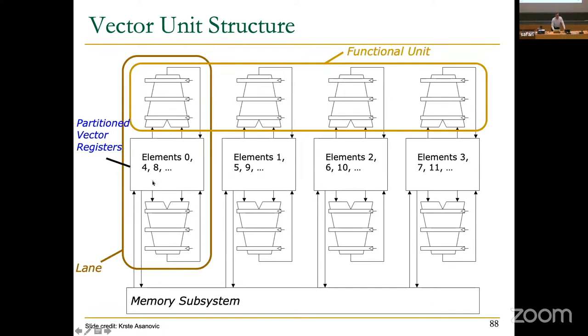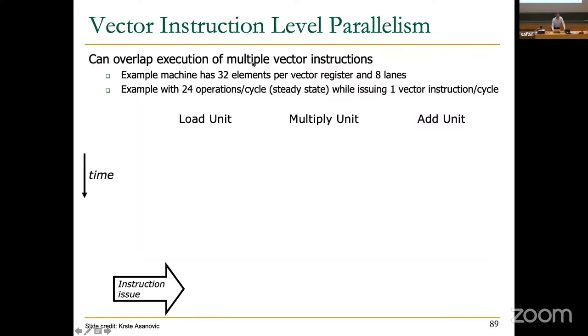You have partitioned vector registers, as you can see, and you have what's called a lane. A lane is essentially functional units that operate on a piece of the register file. And you can actually have multiple functional units, as you can see over here. You can also think of this as a functional unit that is like an array processor, but then there's a lane in each one. And you pipeline the results in each one, but then you also exploit the space parallelism.